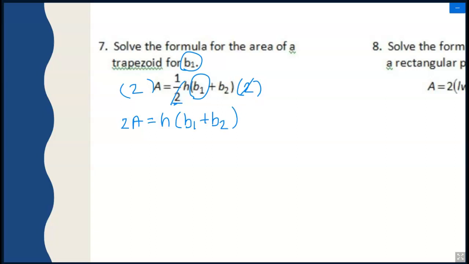I don't want to distribute the h because then it'll be multiplied by B1. So instead, I want to divide both sides by h.